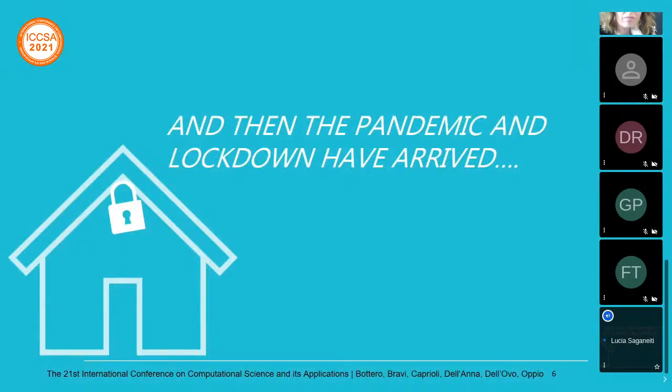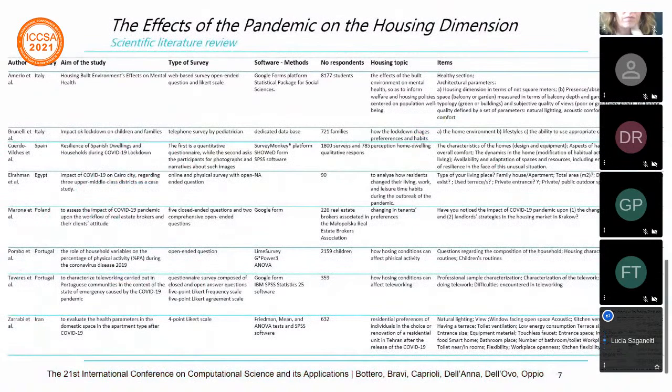But then, as we can see, the pandemic and the lockdown arrived. So we are trying to understand how this period affected our daily life and also our idea about our places and our houses. During and after the pandemic, I think that all of you answered different kinds of online questionnaires with different objectives.